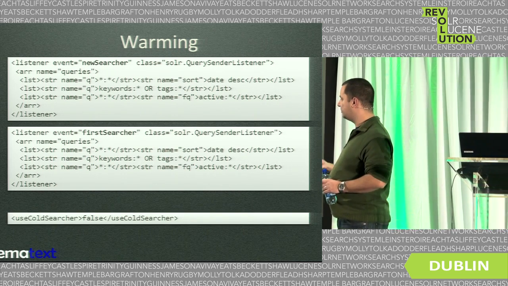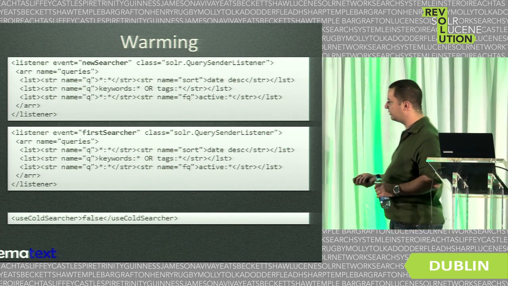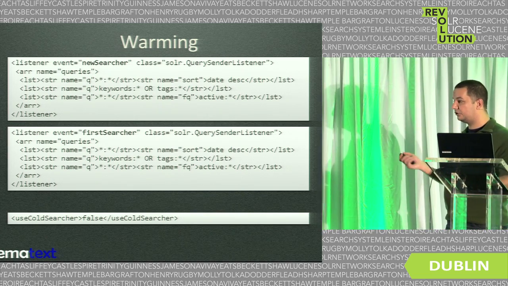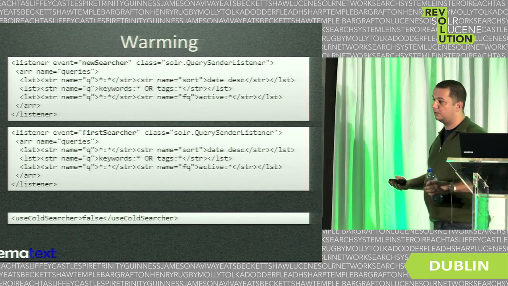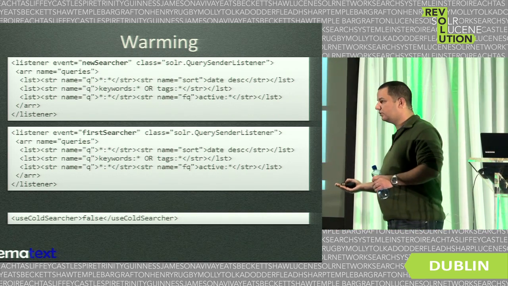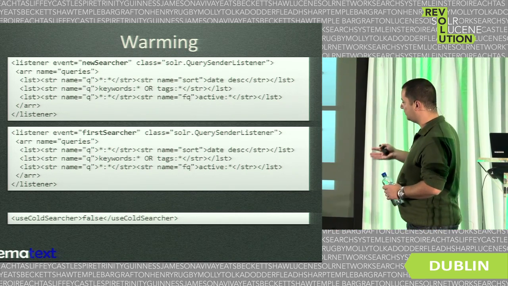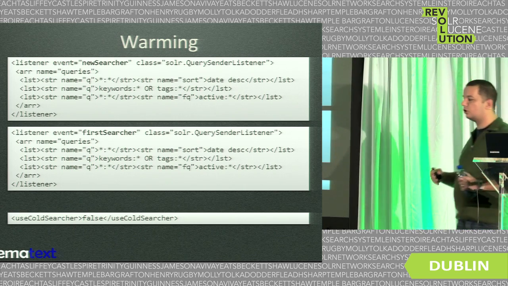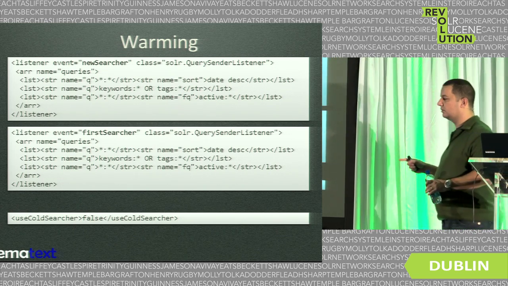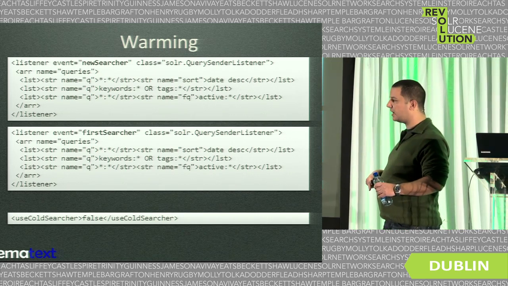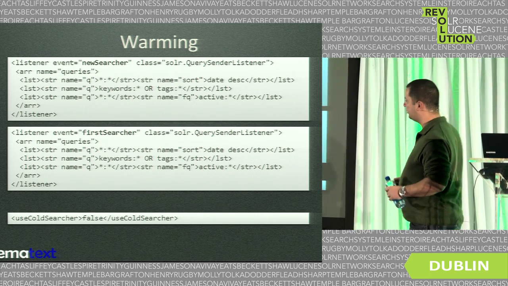But you have to remember about use cold searcher set to false, because if you set it to true, then whenever a query comes, it will be used even if it's not warmed up. However, with use cold searcher false, Solr will not allow to use the cold searcher, the one that is warming up, and the old searcher will still be used to serve queries.